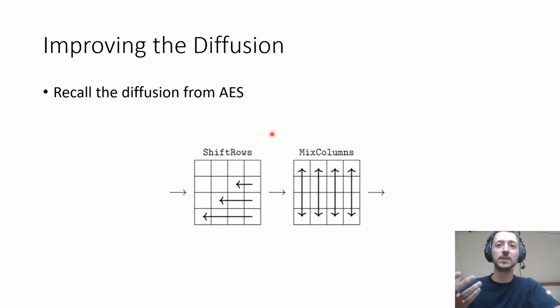And that brings me to quite a silly slide probably, because everyone is probably familiar with the AES, but recall that the AES has 2 main linear steps: a shift rows, which just shifts the cells, and a mix columns, which is an MDS branch number 5 matrix that just mixes the columns.